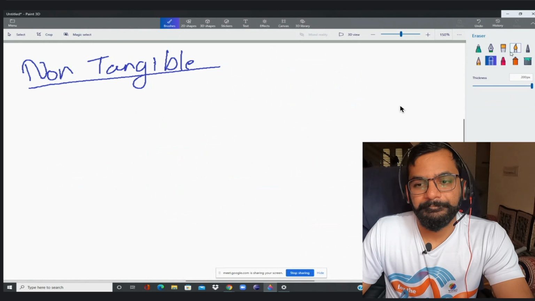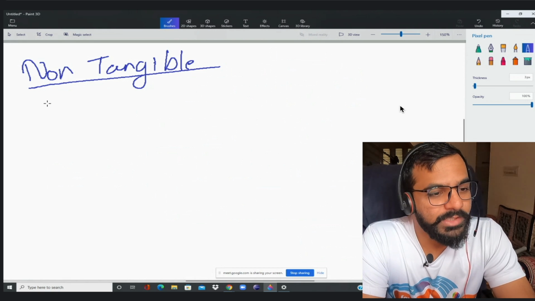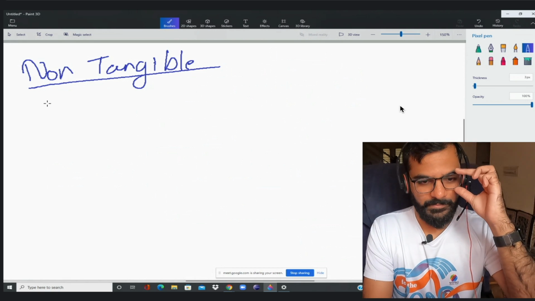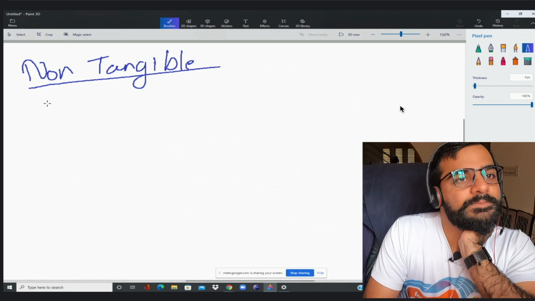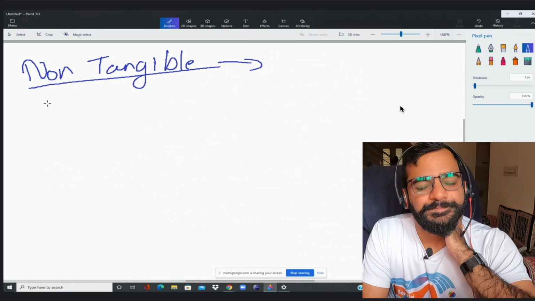So what is non-tangible assets, if I have to say? Any guesses?